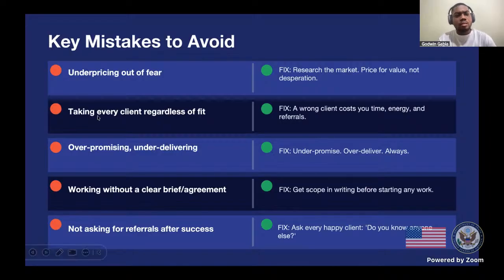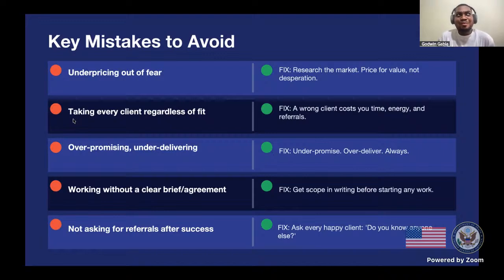Right. Then the second thing is taking every client regardless of fit. This is a big one. If you end up, especially at the beginning of your journey, taking on the wrong clients, you will never be happy as a freelancer, right?